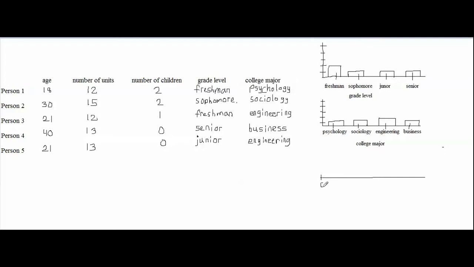We would mark off all of the different values that appear. The only values that appear are 0, 1, and 2. So we don't even need this extra part of the number line out here. We can just stop once we pass the highest value.